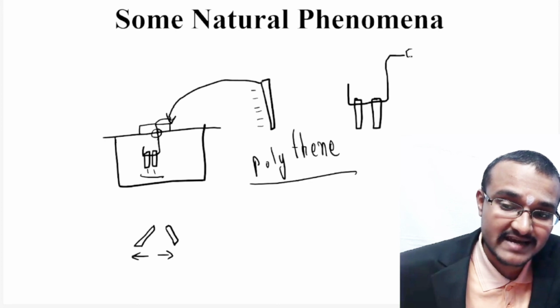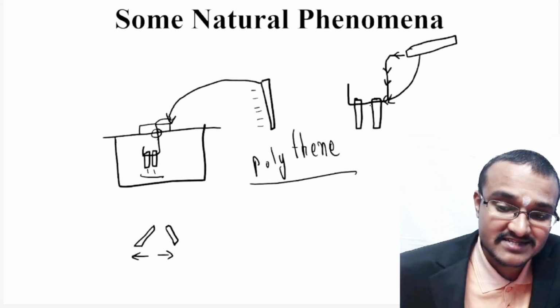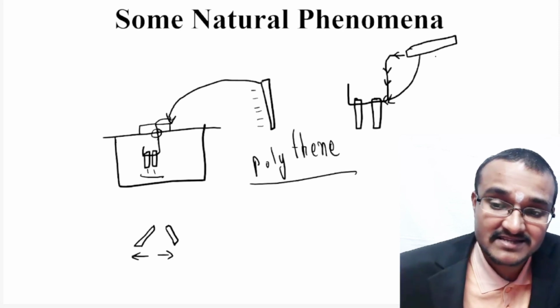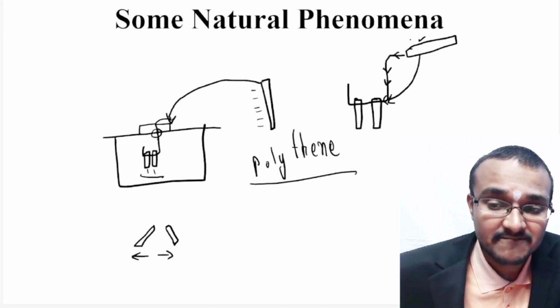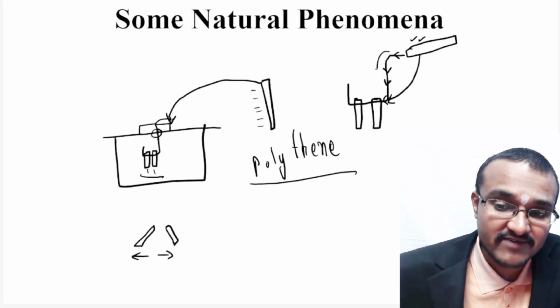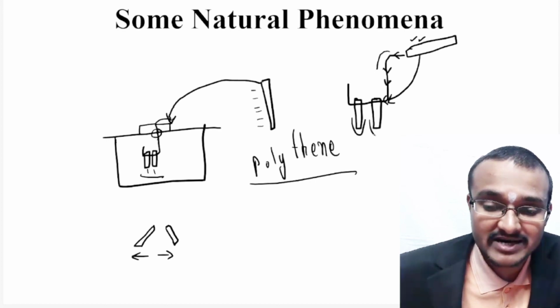That means there is no direct contact of this plastic straw with the metal strips, but still charges got transferred through the iron wire and reached the metal strips, and hence charges were accumulated on the metal strips.